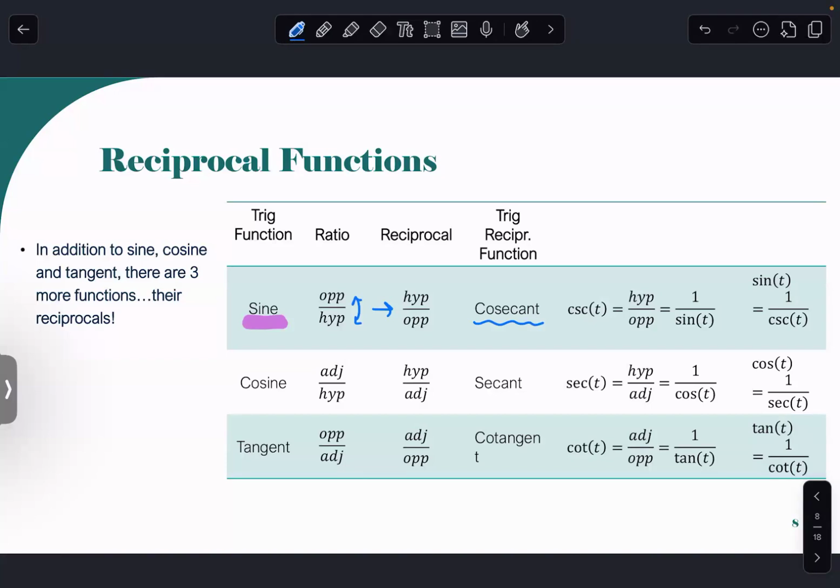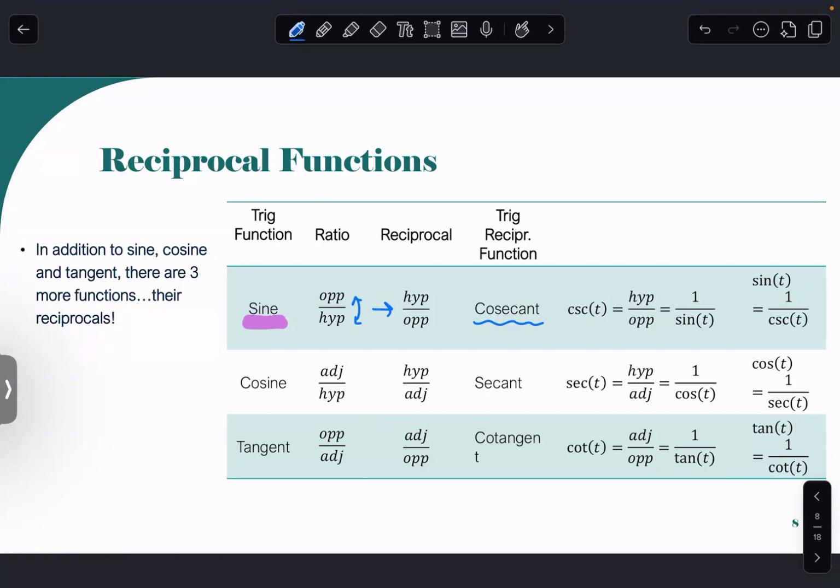Cosecant can be written as hypotenuse over opposite, or 1 over sine t, because again, it's the reciprocal. So I'll just do 1 over sine t, either one of those. Then this is just saying that sine is equal to 1 over cosecant t. So we can go either direction. Cosecant is equal to 1 over sine t, or sine t is equal to 1 over cosecant.